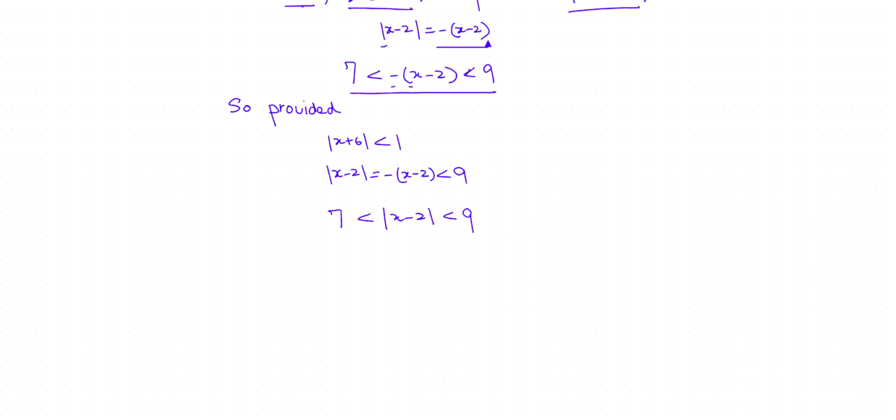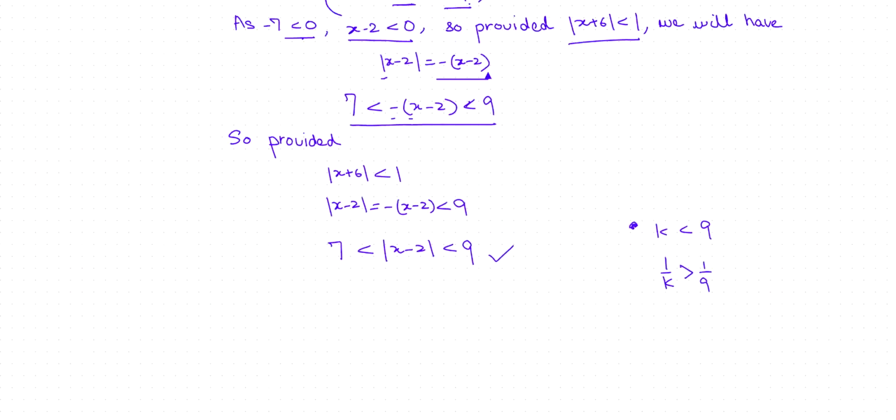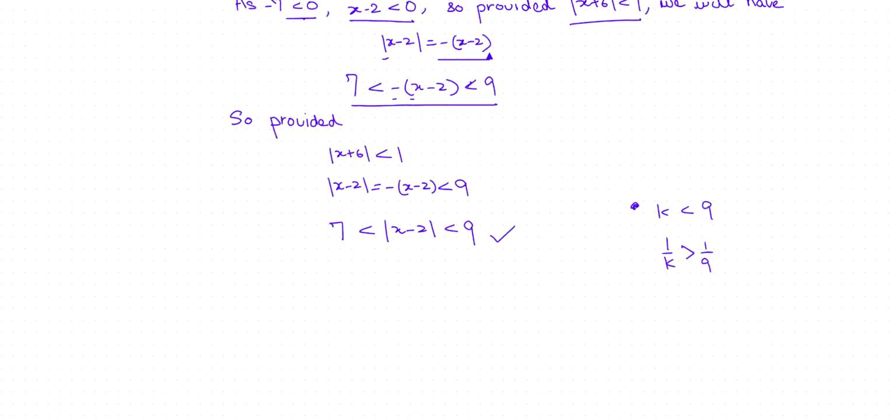Now we have got this inequality. We know that if any value like k is less than 9, then we can write that 1 over k is greater than 1 over 9. Okay. What we are interested in here is 1 over x minus 2.